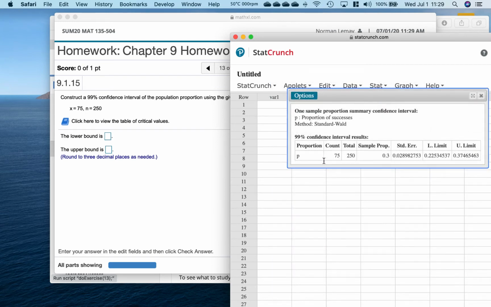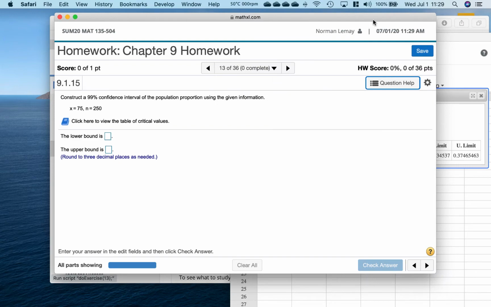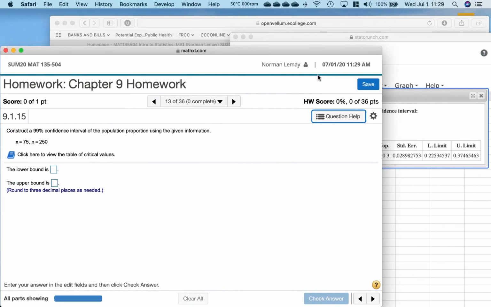Boom, here it is. Our sample proportion is 0.3, so 75 divided by 250 is 0.3. Notice we have this lower limit. Coming back here, it says 2 decimal places.